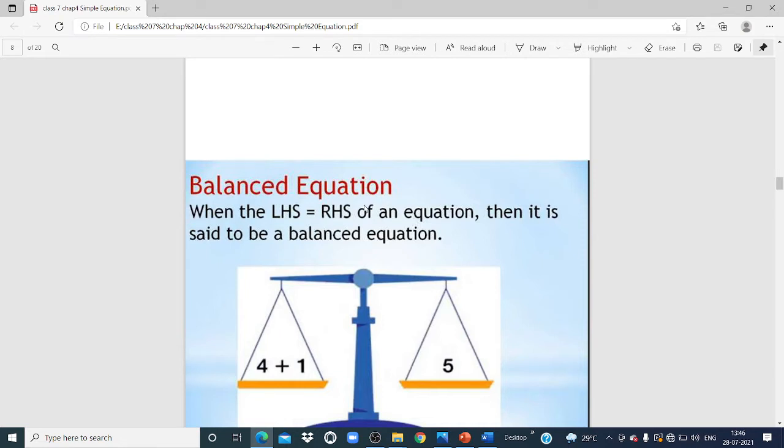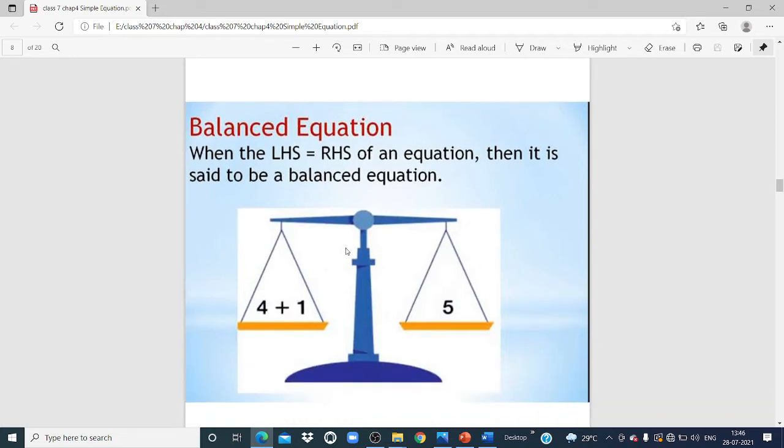Today we are going to learn the next concept from this chapter number 4, that is balanced equation. Can you see this picture, my dear students? Yes, very good. By looking at that picture only, you will get an idea about the balanced equation.